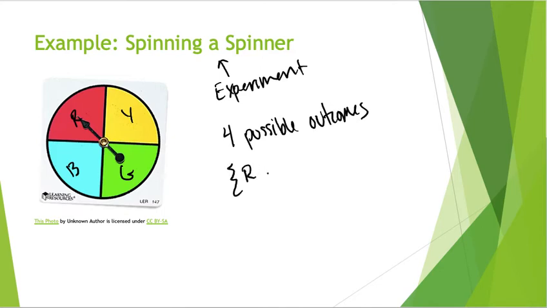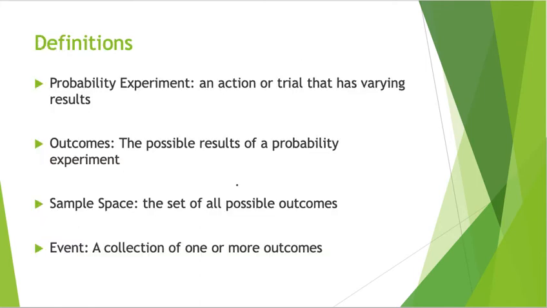An event could be landing on a color on the left side of the spinner, or landing on a color on the top side of the spinner. Those are possible events.